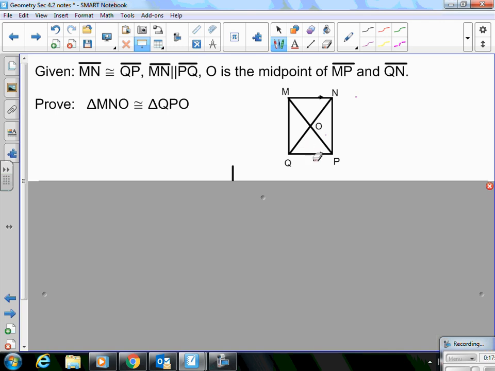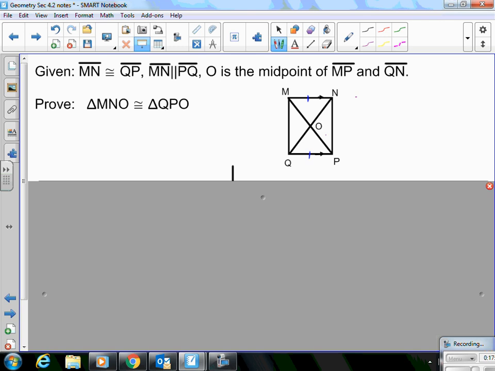All right, so let's mark all the stuff we can mark based on what they gave us in the given. So MN is congruent to QP. So MN and QP are congruent.